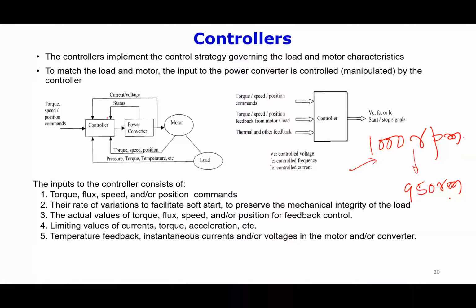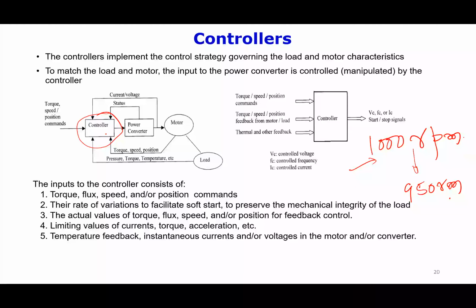So this is the high-level block diagram of the controller. We have the torque and speed position commands, and we measure the actual torque, speed, and position and give them to the same controller. In addition, we also measure the pressure, temperature, etc. from the load side as required.